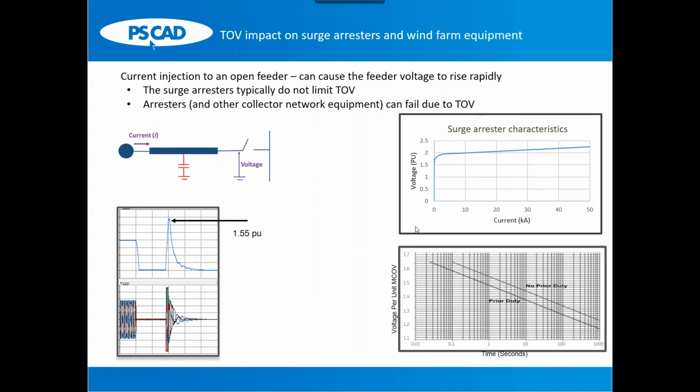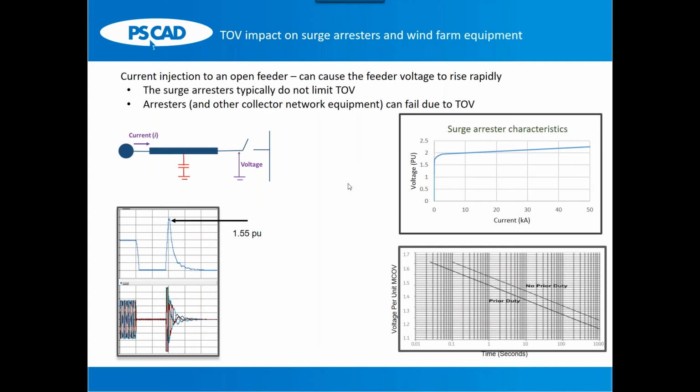Now, if I look at the surge arrester, what I have shown here is the surge arrester's non-linear volt-current characteristics. Surge arresters are present on all these feeders, but they are typically placed to protect equipment from switching or lightning type surges, very fast or fast transients.